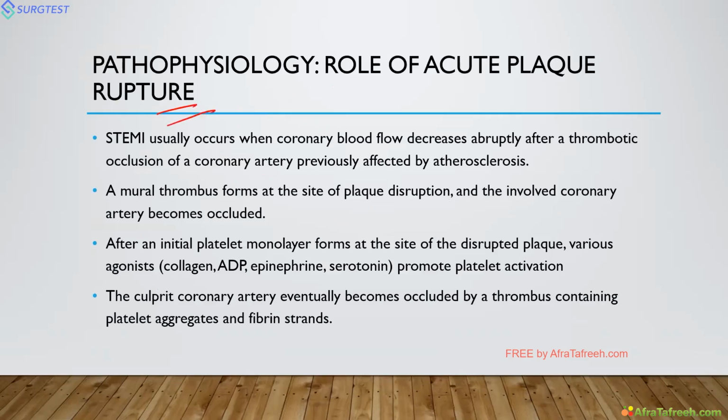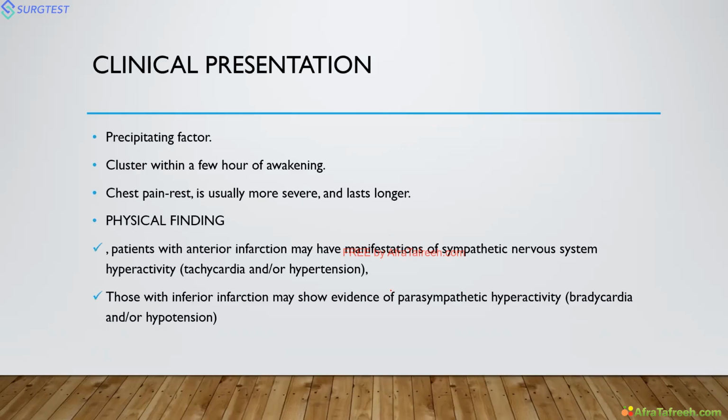The patient already has atherosclerosis, the plaque ruptures, and highly thrombogenic material is exposed. A platelet plug forms first, then fibrin gets entangled in it, and finally there is 100% occlusion. So the thrombus is formed: first a platelet monolayer, then fibrin strands.